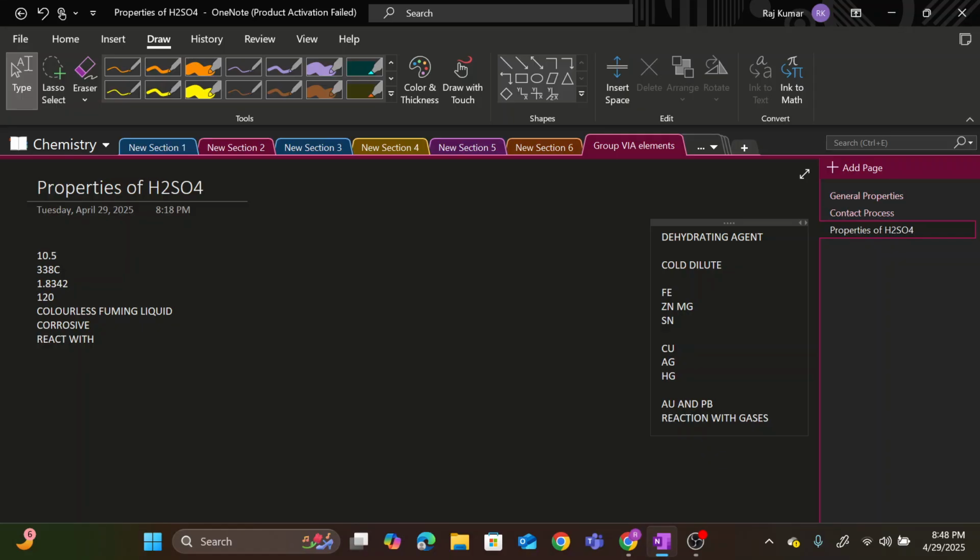It can also react with benzene to produce sulfonic acid, and it can react with potassium permanganate and potassium chromate to produce potassium sulfate and manganese sulfate, alongside which nascent oxygen is produced, which can cause the oxidation of the iron atom, due to which it can even produce ferric sulfate.